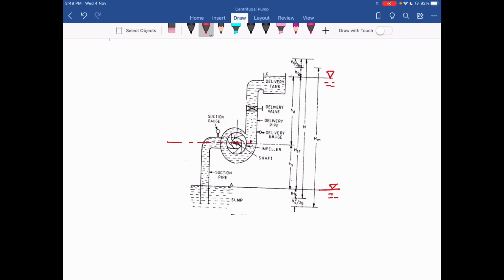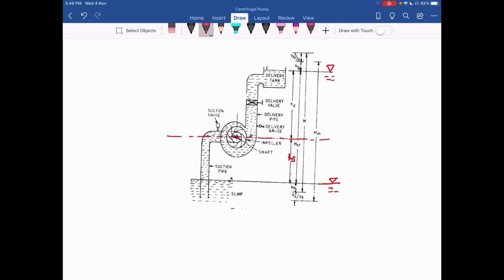This is the center line of the pump. So you can see here, this is HS suction head. So the height above the sump level to the central axis of the pump, that is HS.